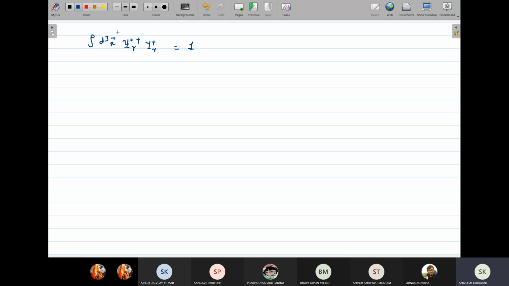I will write this psi_r plus as some normalization N times e to the power minus i p_mu x^mu by h cross, and this u of r, p. And u of r, p comes with this normalization.